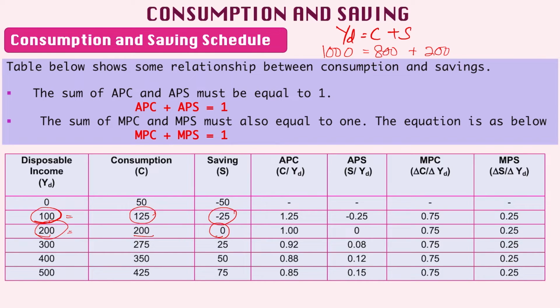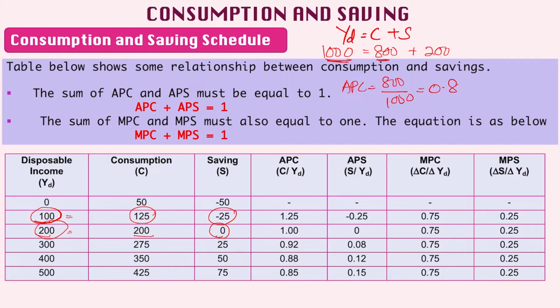So what is APC here? The portion of your income used for consumption. What is the ratio? C, 800, divided by 1,000, so APC would be 0.8.